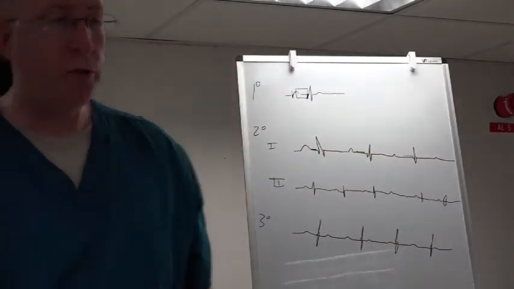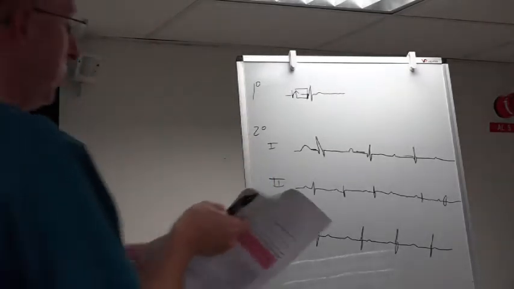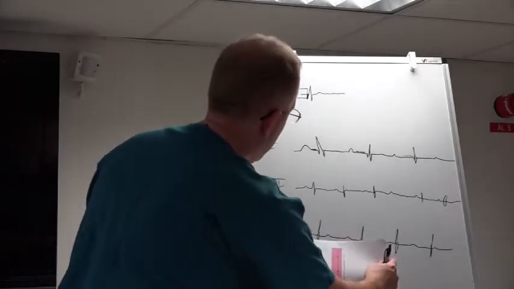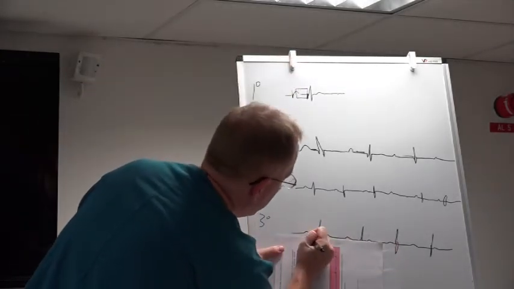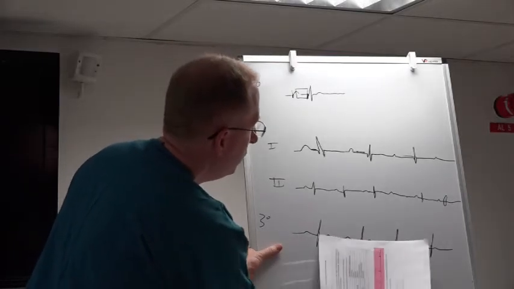But one good way to assess that is when you're taking a piece of paper during the test, you can put a little mark at the beginning of the P waves, and you'll just follow through.